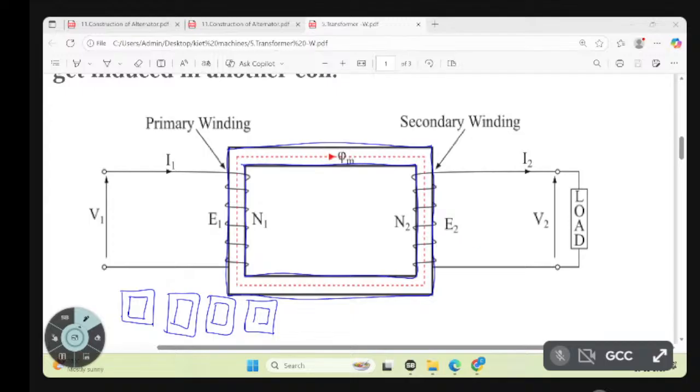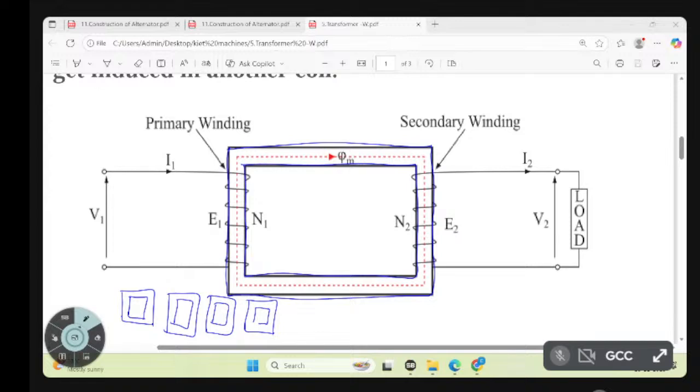So here for the transformer, the core carries the flux. See, this dotted line indicates the flow of flux. Flux will flow in a clockwise direction in the core.